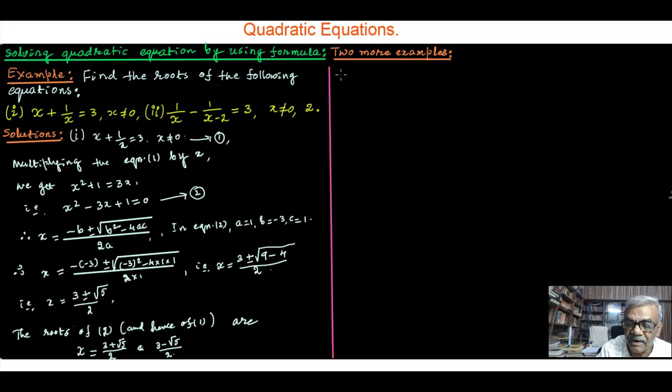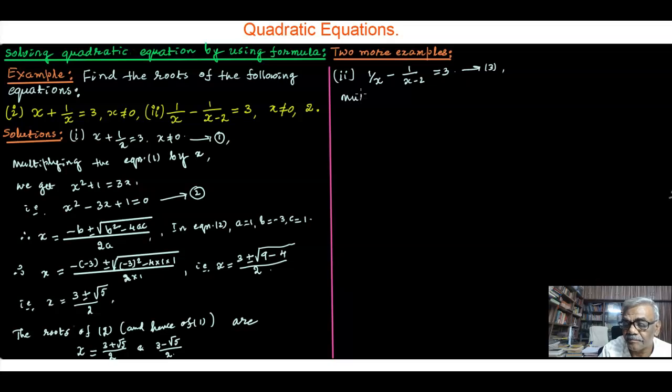Solution for the second example. The second example is 1 by x minus 1 by x minus 2 is equal to 3, and let me call it equation number 3.